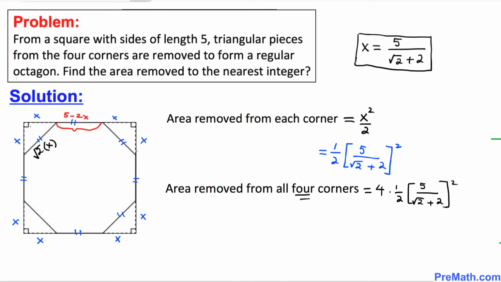As you can see, 4 times 1 over 2 simply gives us 2.